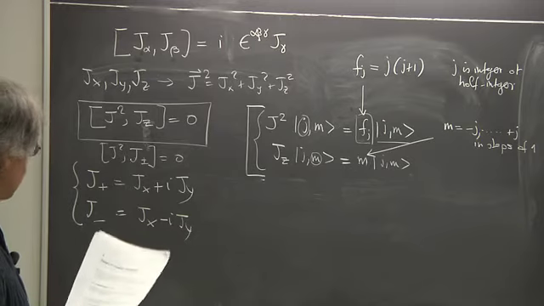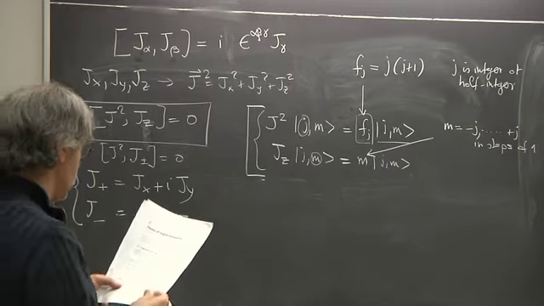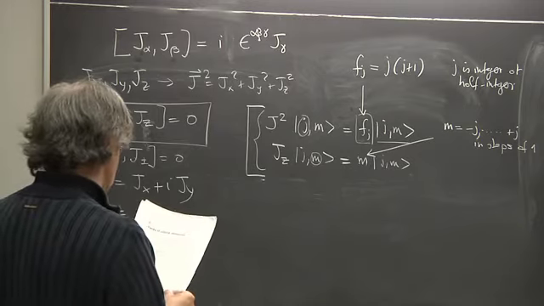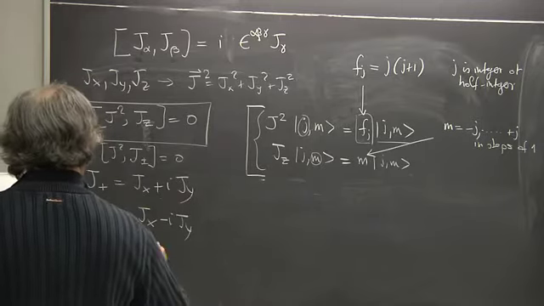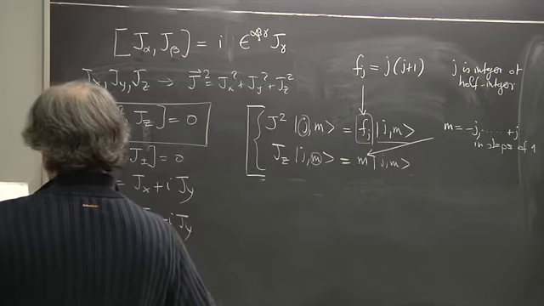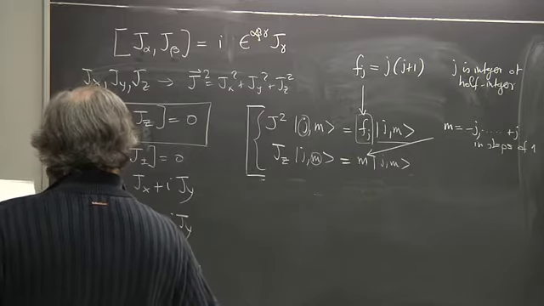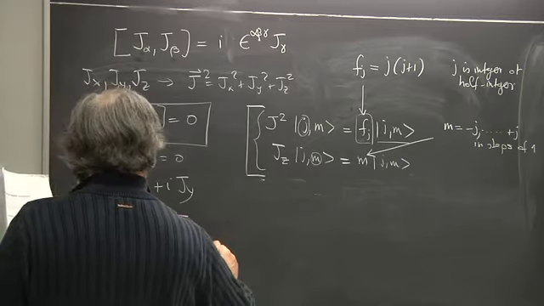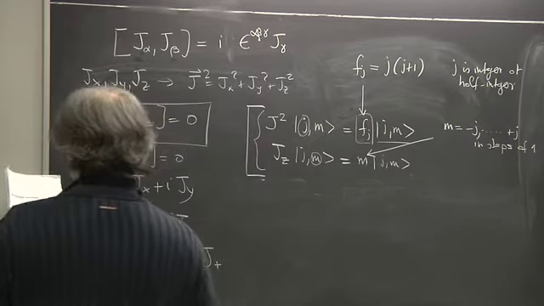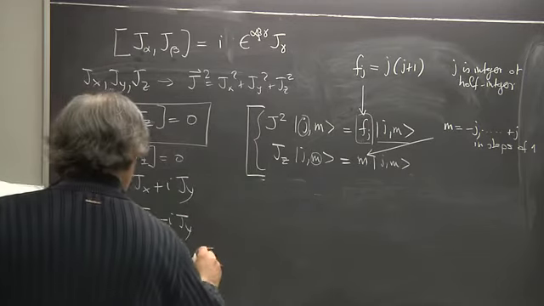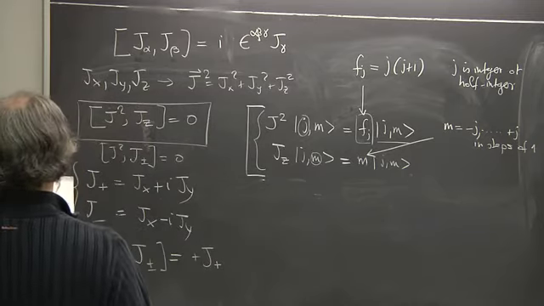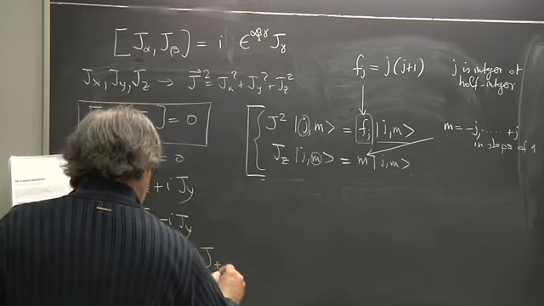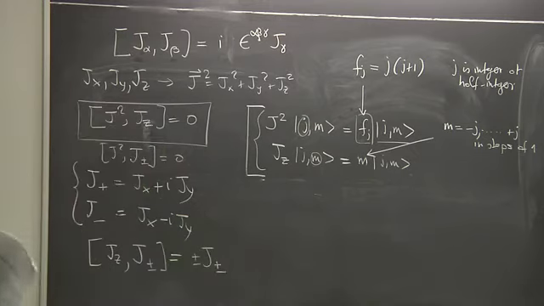If you calculate the commutator of jz with j plus, you will find j plus. If you calculate the commutator with j minus, you will find minus j minus, okay?